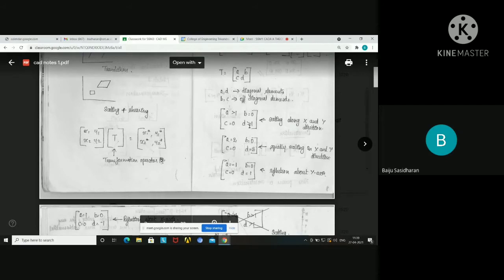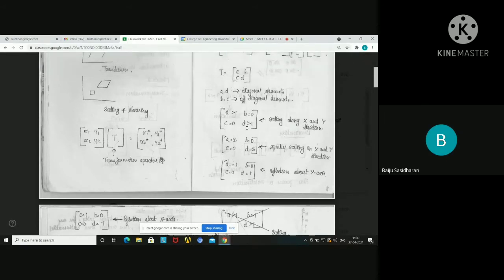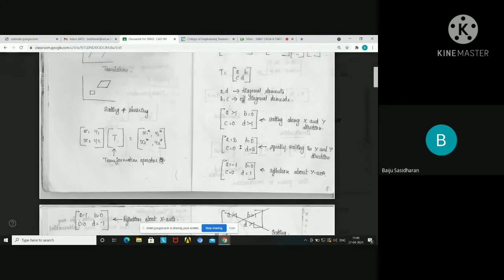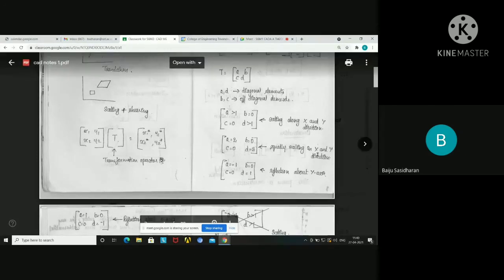That is, if the diagonal terms in the transformation operator are greater than 1, the net effect is scaling along the x and y directions. In the second matrix, A is equal to 2, B is equal to 0, C is equal to 0, and D is equal to 2, which indicates that the initial object will be equally scaled along the x and y directions by 2 units.